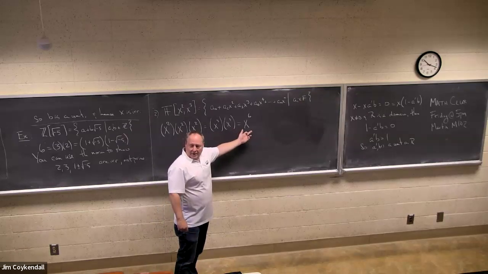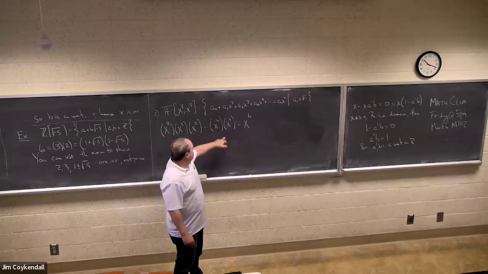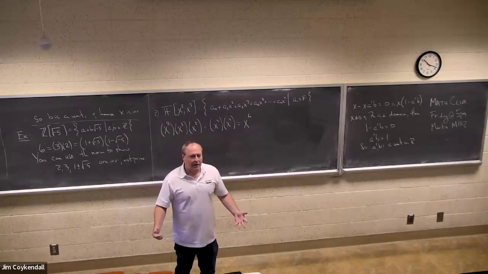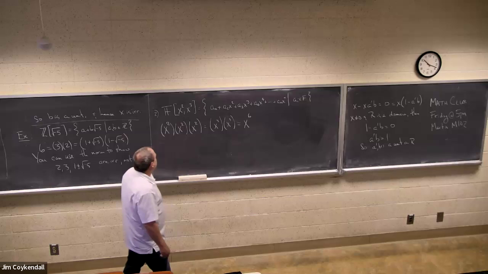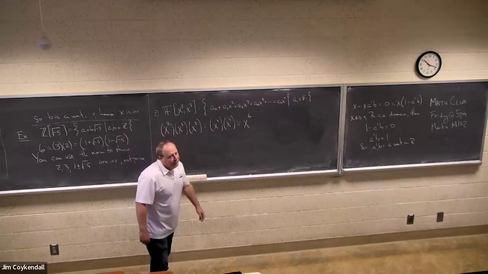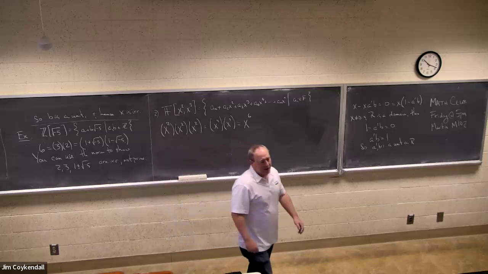Because x to the 6 divided by x squared is x to the 4th, which is in this ring. But it doesn't divide either of these because there is no x, right? So this thing is not prime, but it's easier to see that it's irreducible.